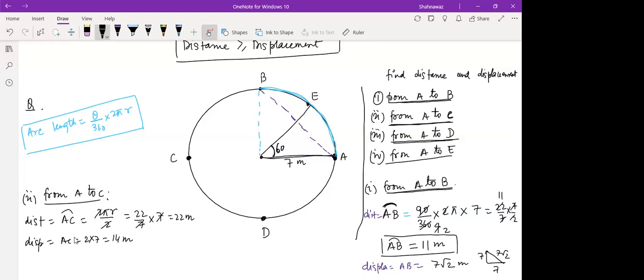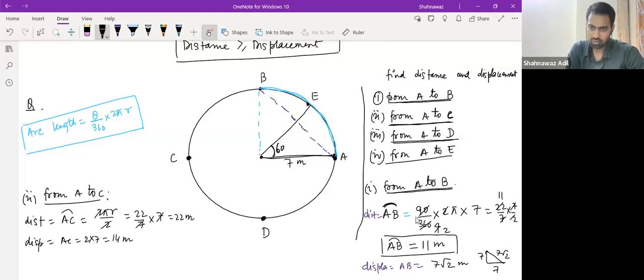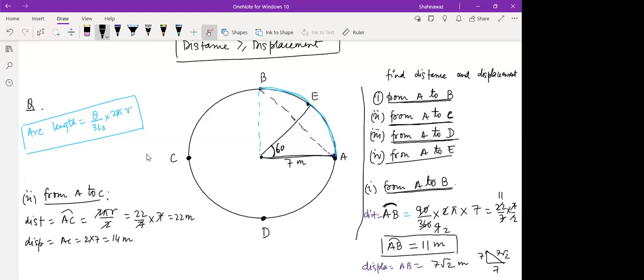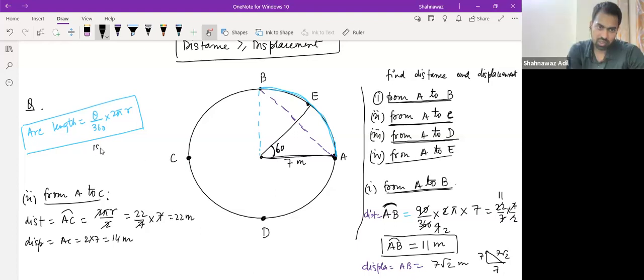And we can also use this formula. So to use this formula, theta is how much? Theta is 180. So 180 by 360 into 2 pi r. So this is 2 pi r by 2, which is pi r. So we can use this formula also, or we can directly use the analogy of semicircle, whichever way you want to.